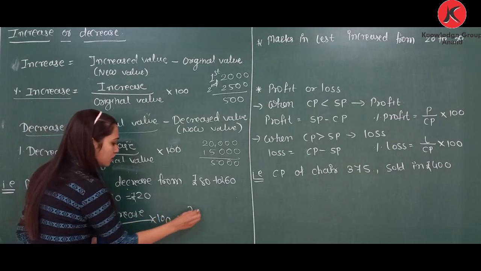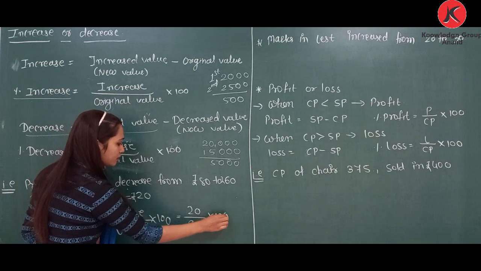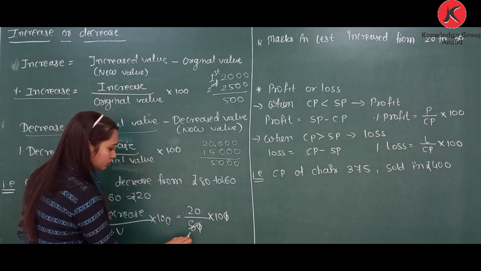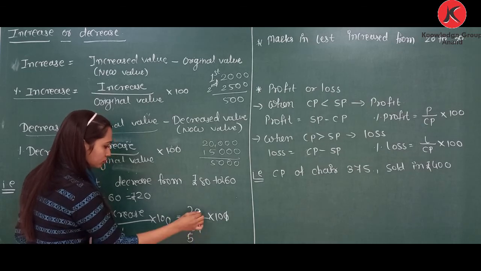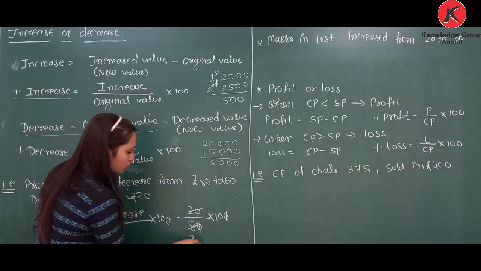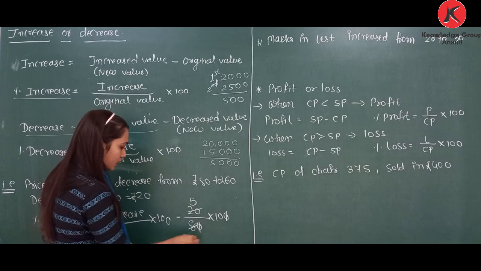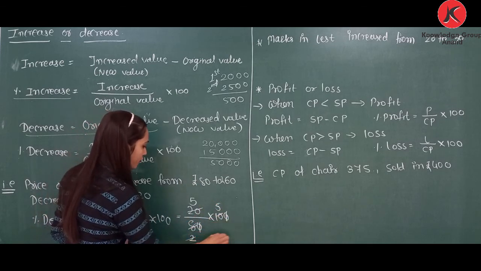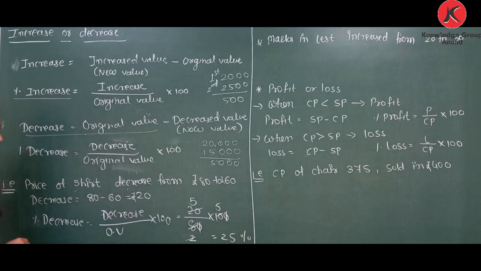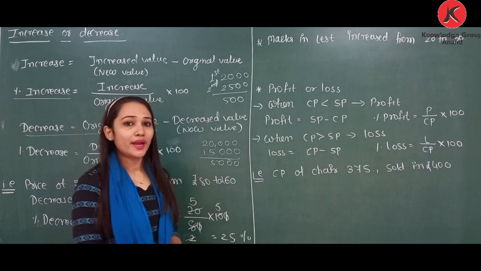Decrease is 20, original value is 80, multiply by 100. 2 4s are 8, 5 4s are 20, so it is 25% decrease. Clear?